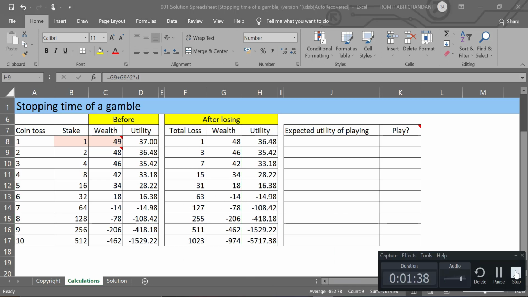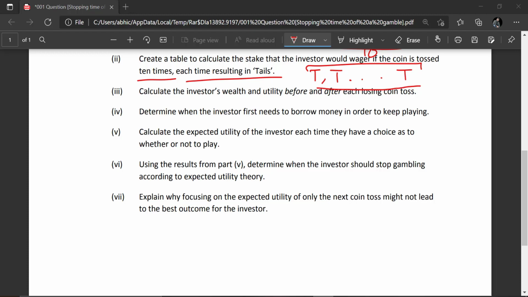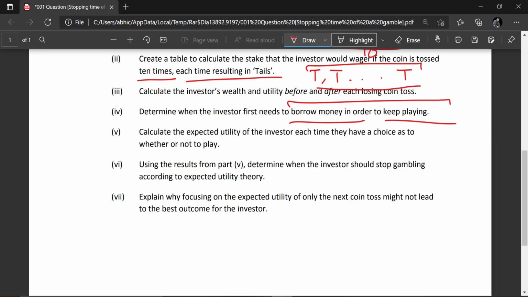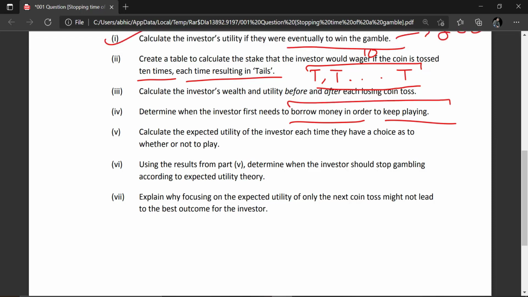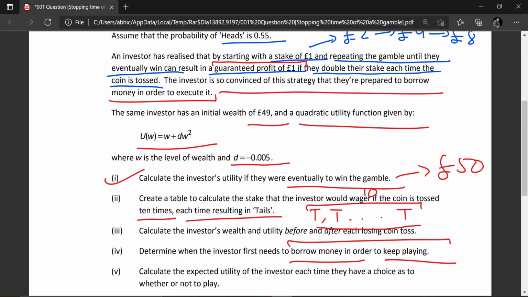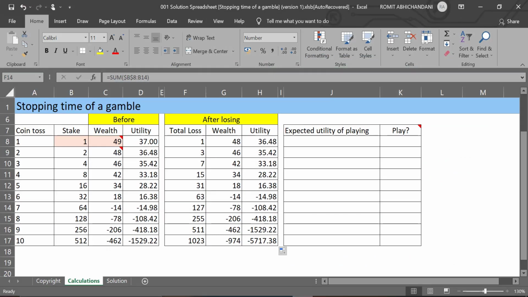Let's move on. Okay, now let's look at the next part of the question. It says, determine when the investor needs to borrow money in order to keep playing. Okay, when does the investor need to start borrowing? And this will be simple to determine, because the investor started with an initial wealth of 49. Whenever he or she runs out of the money, that's where they will borrow. Okay, so let's see.